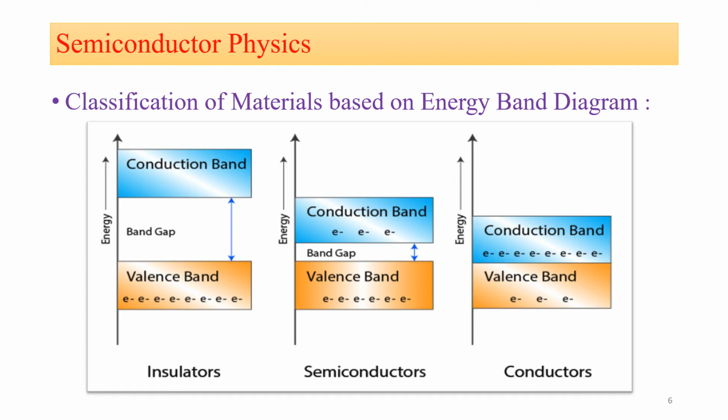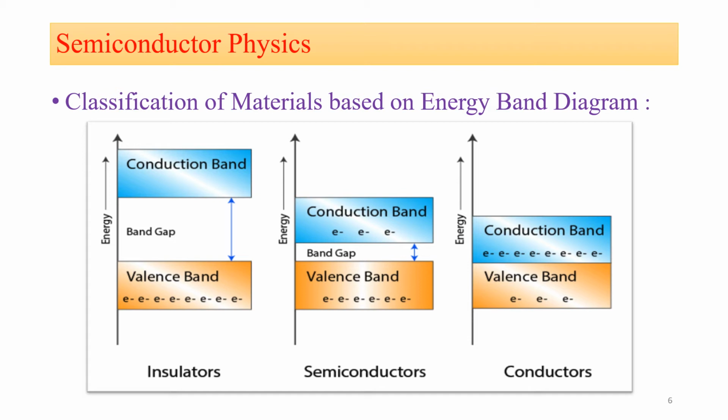For an insulator it is very high, about 7 electron volt. So insulators are those materials which are bad conductors of electricity. Examples of insulators are wood, mica, paper, and glass.